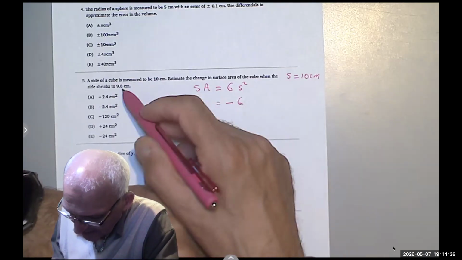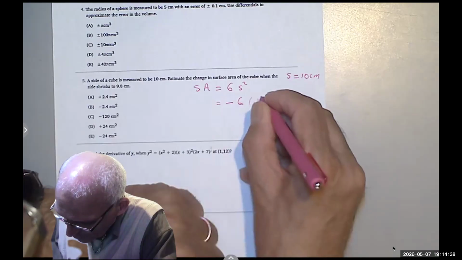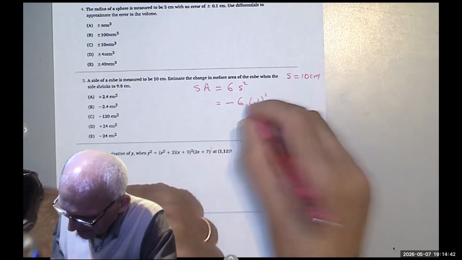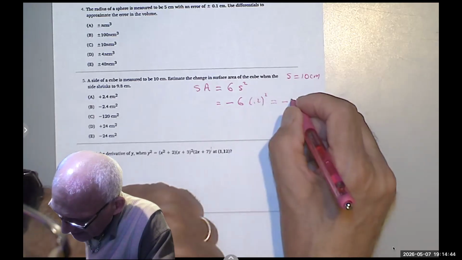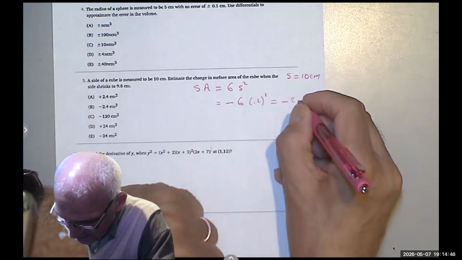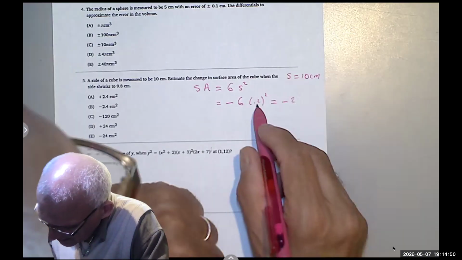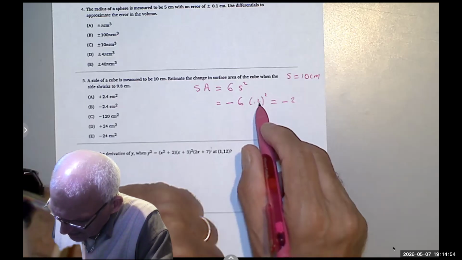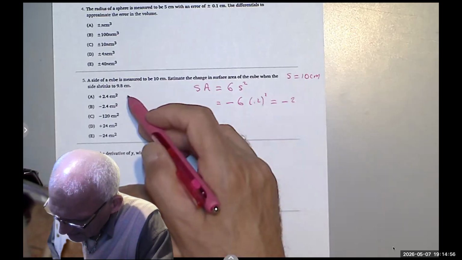So 10 minus 9.8 is 0.2, and 0.2 squared is 0.04. So when you multiply that by negative 6, you get negative, wait a second.